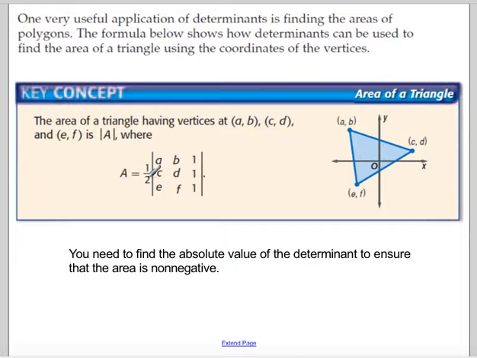The area of a triangle is 1/2 the base times the height. The determinant will only give us the base times the height, and we have to take a half of it. And make sure area can't be negative. If you end up getting a negative, just take the absolute value of it.